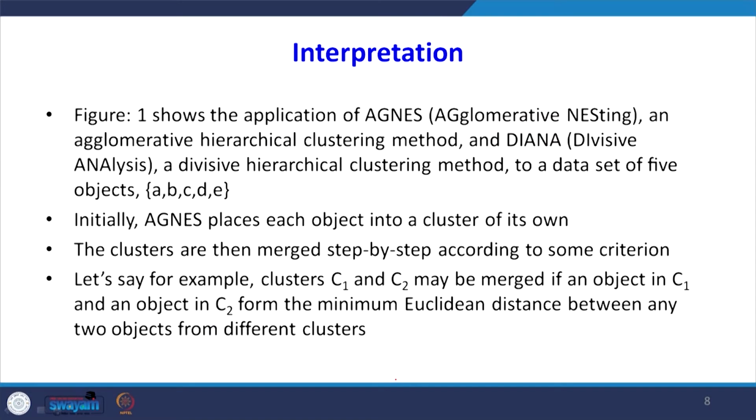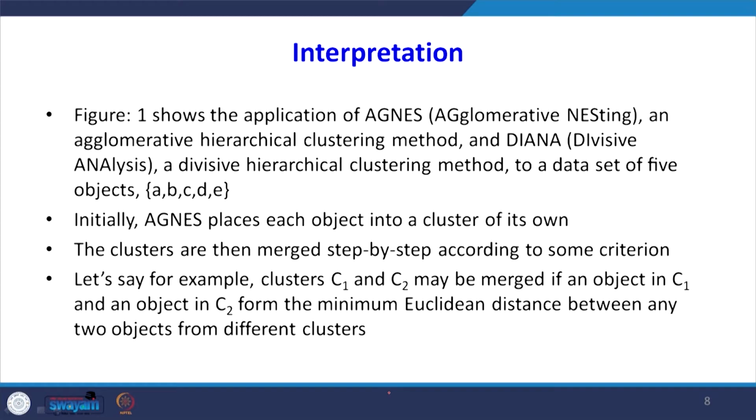What is the interpretation of the previous slide? Figure 1 shows the application of AGNES, agglomerative nesting, an agglomerative hierarchical clustering method, and DIANA, divisive analysis, a divisive hierarchical clustering method, to a data set of 5 objects A, B, C, D, E. Initially, the agglomerative method places each object into a cluster of its own.